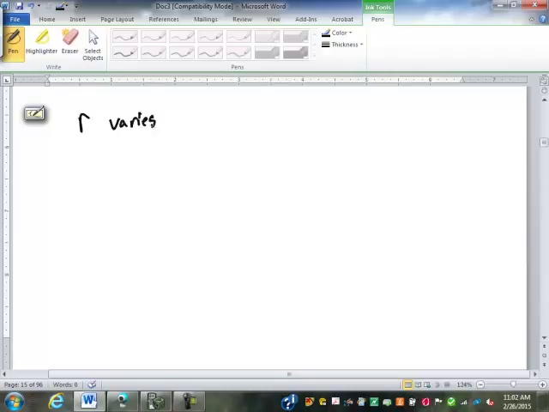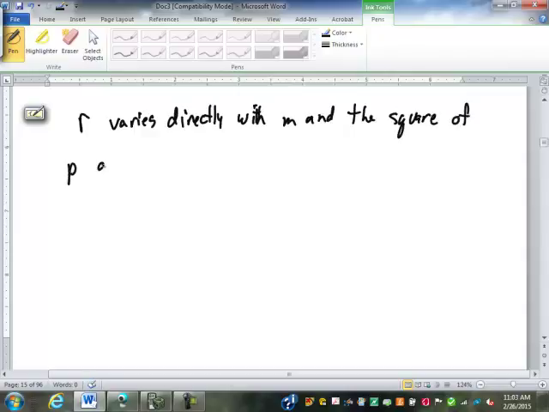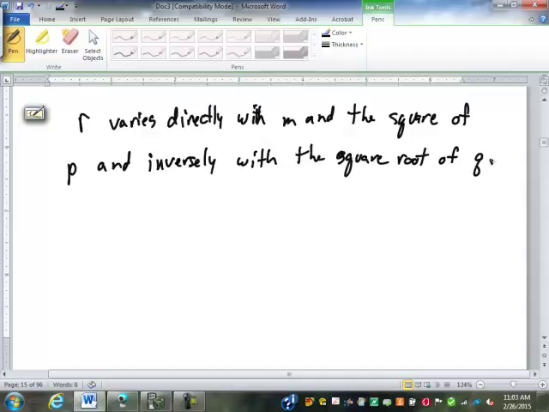R varies directly with M and the square of p, and inversely with the square root of q.